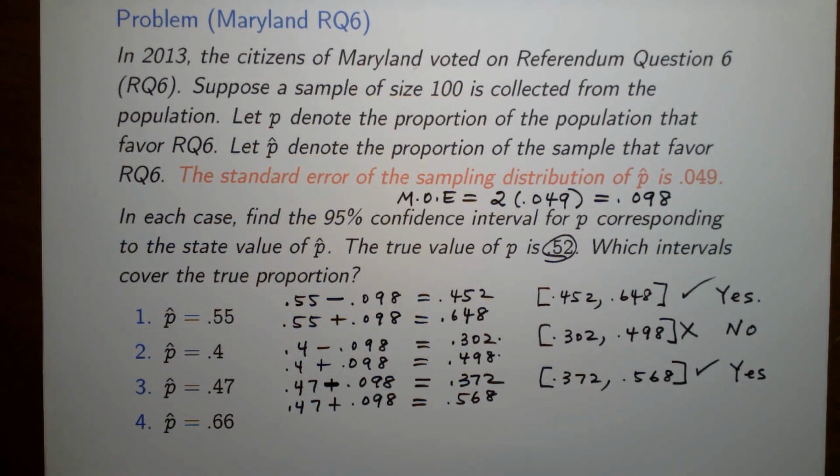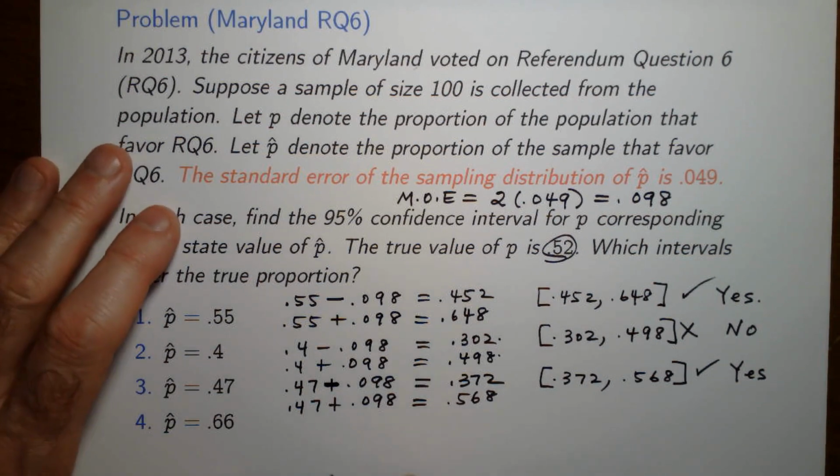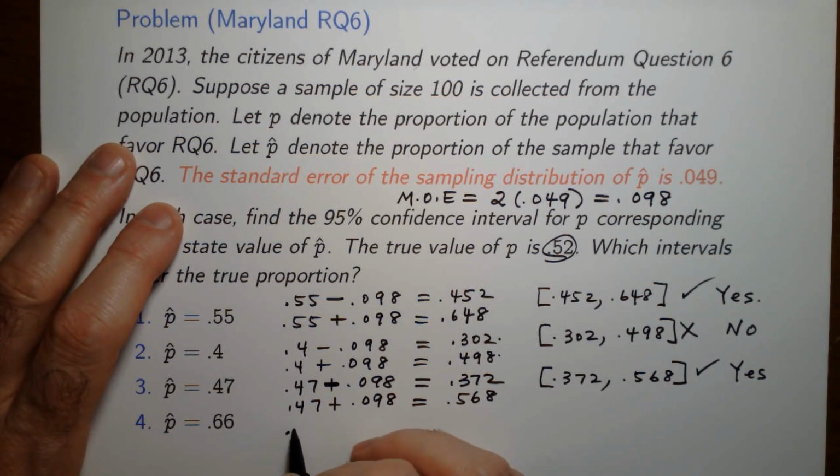In our final calculation, we're going to pick a P hat that ended up pretty far to the right. So it'll be interesting to see what happens in this case. So now our confidence interval is going to go from 0.66 minus 0.098 to 0.66 plus 0.098. And here we'll see a change in values.